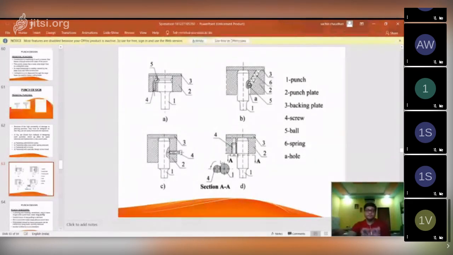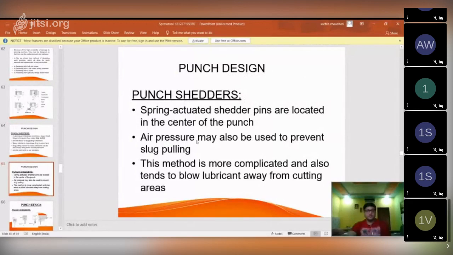Next, now this is a shedder punch. Actually, these are ejectors; you can say it acts as an ejector. Why is it used? Because when the punch applies force and cuts the blank, whatever slug is produced remains attached to the punch and tries to come upward with the punch along with the sheet metal.